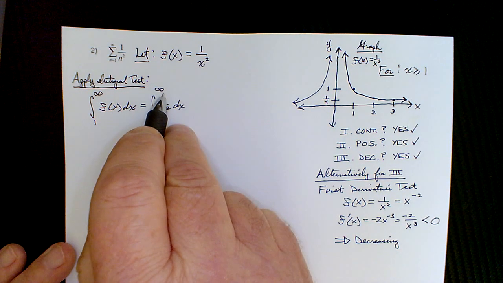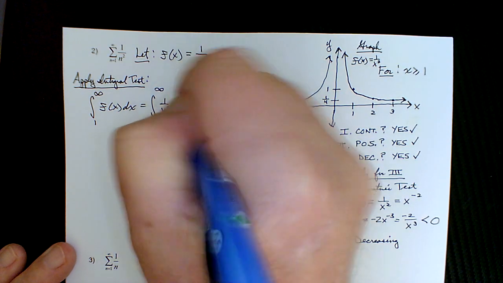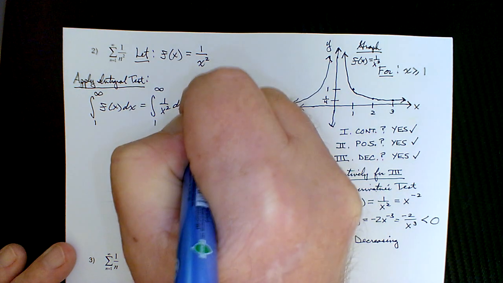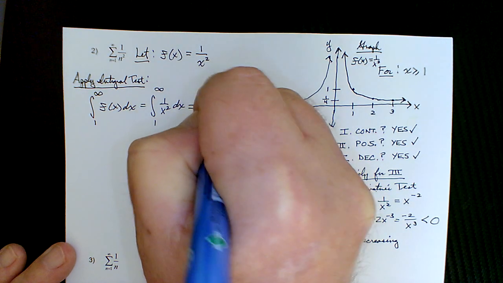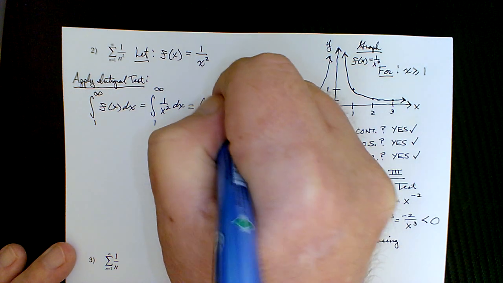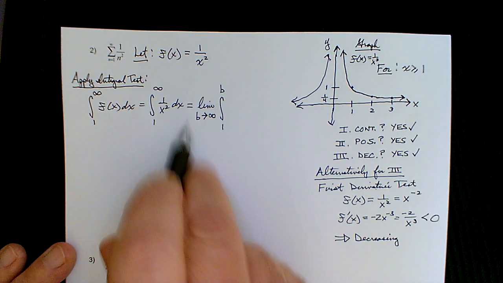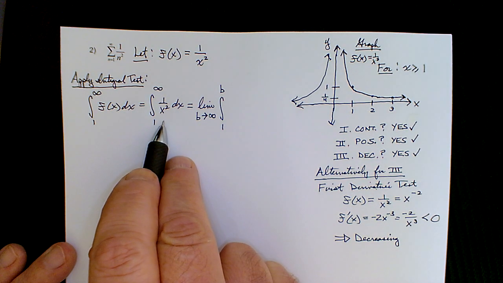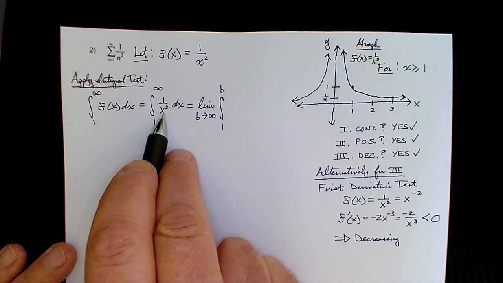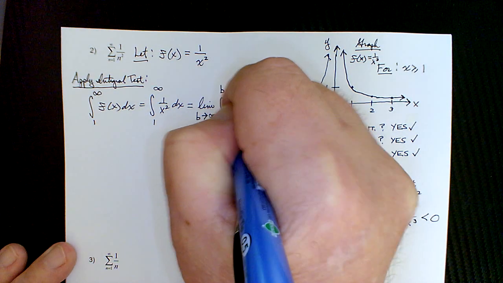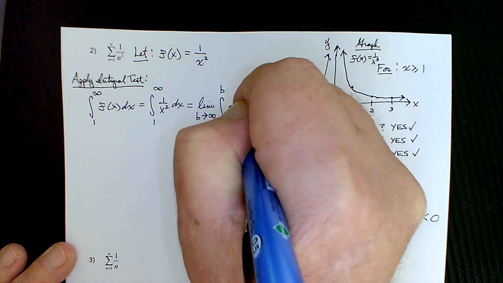It's an improper integral because of the upper limit of integration, so we should introduce the limit as the upper limit b, so we'll say b goes to infinity, integral from 1 to b. And actually, let's set this up so that it's integrable at this stage. 1 over x squared, because it's a power in the denominator, we'll bring it up to the numerator as x to the negative 2.